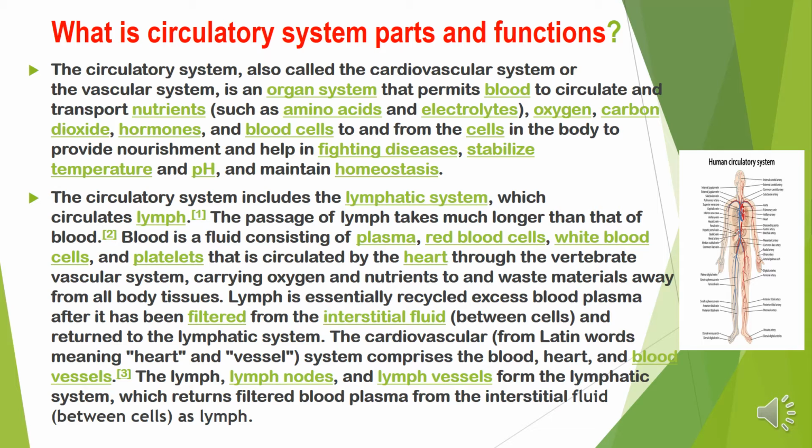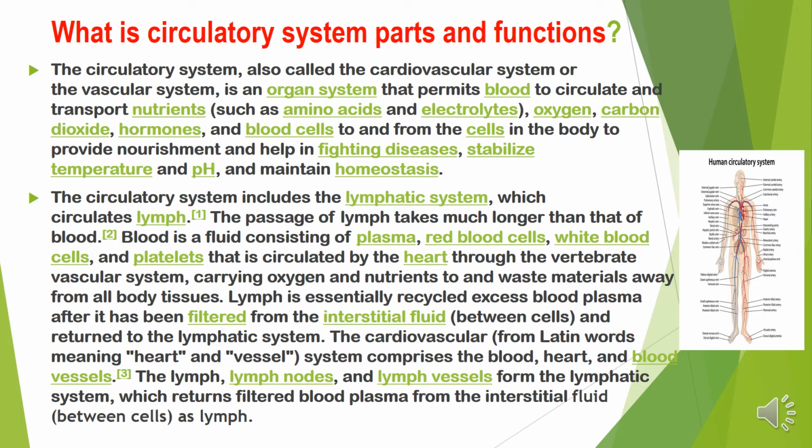The circulatory system, also called the cardiovascular system or the vascular system, is an organ system that permits blood to circulate and transport nutrients, such as amino acids and electrolytes, oxygen, carbon dioxide, hormones, and blood cells to and from the cells in the body to provide nourishment and help in fighting diseases, stabilize temperature and pH, and maintain homeostasis.